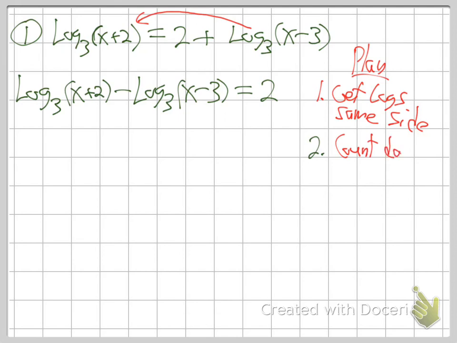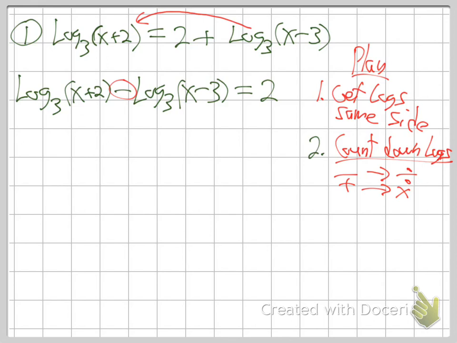Count down the logs. Subtraction becomes divide. Adding becomes multiply, right? Remember the properties? So we have subtraction for 2 logs. That's going to become divide for 1 log.